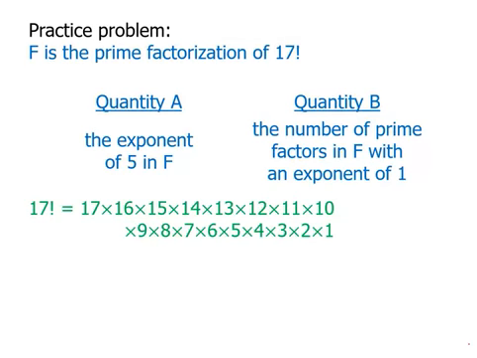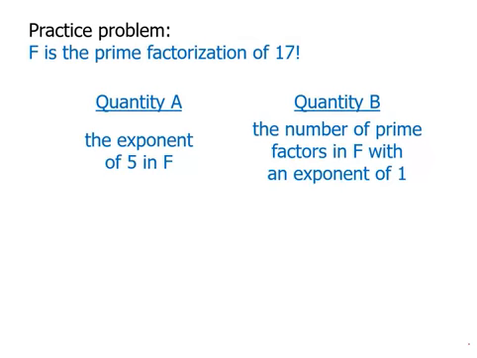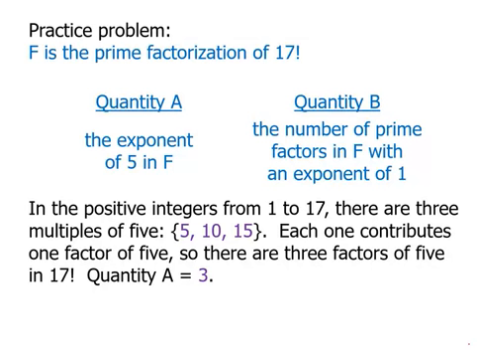So we know 17 factorial is the product of all those numbers. In the positive integers from 1 to 17, there are 3 multiples of 5. There's 5, 10, and 15. Each one contributes 1 factor of 5. So there are 3 factors of 5 in 17 factorial. So quantity A equals 3.